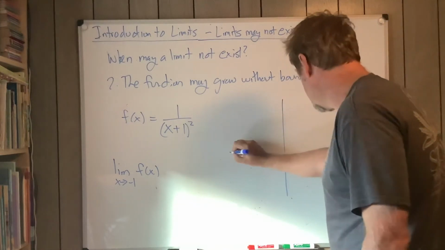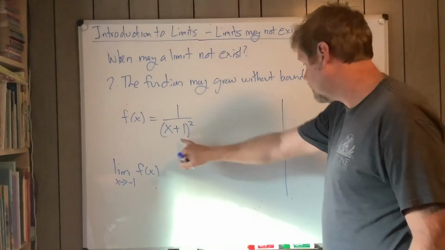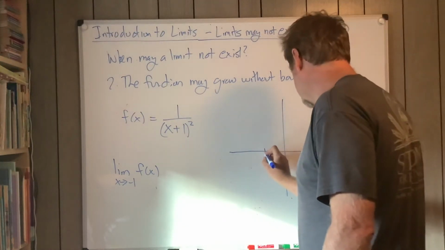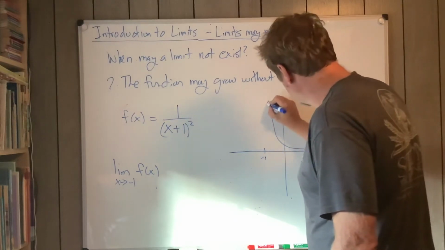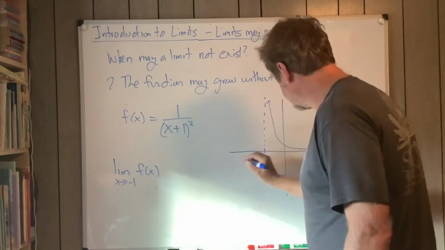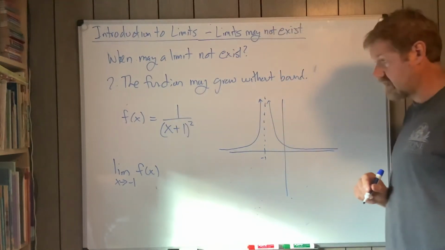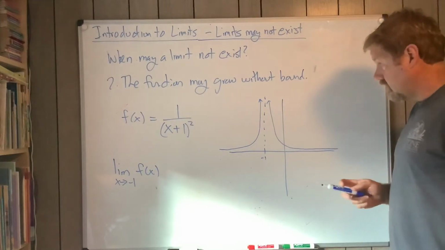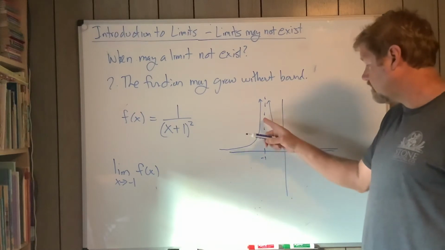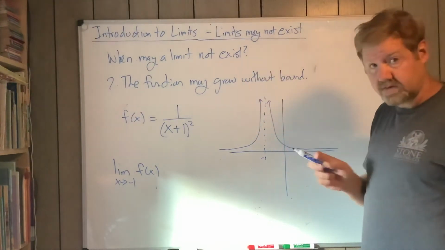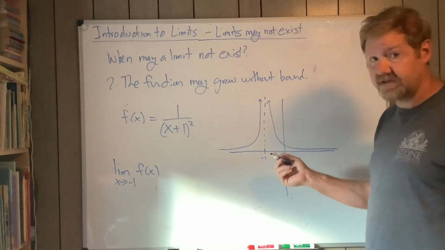I'm not too particular about this. So what happens with this is at -1, the function goes, and we'll talk more about this, but this is an asymptote. But it looks like that. So what I'm looking at with this is as x goes to -1, what's happening to the function? It's going bigger and bigger and bigger and bigger. Okay. So the limit doesn't exist in this case.